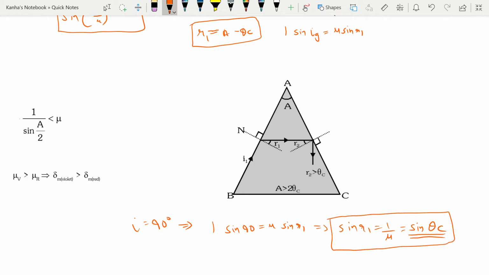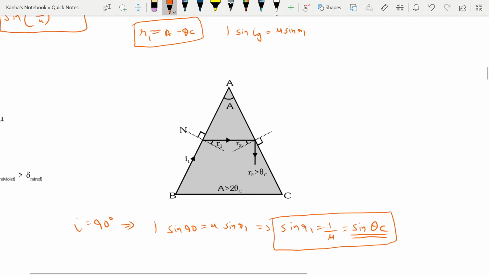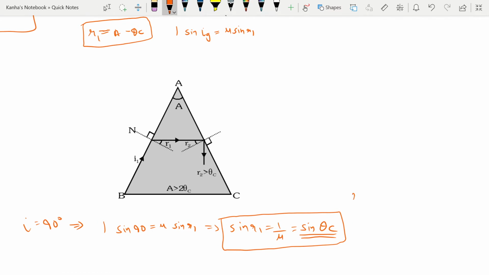With this in picture, if total internal reflection occurs at the face AC, then R2 should be greater than theta C for total internal reflection to occur.